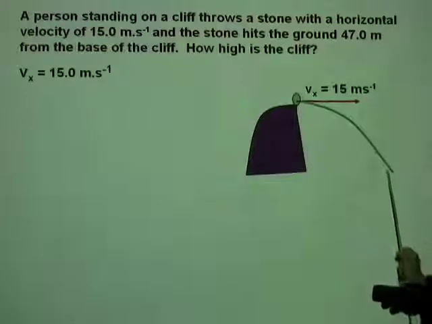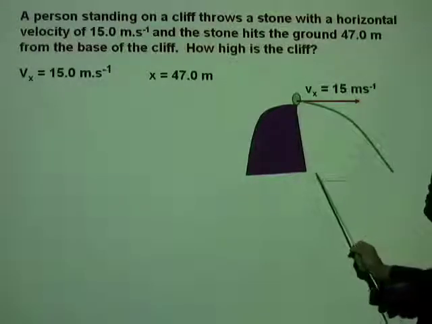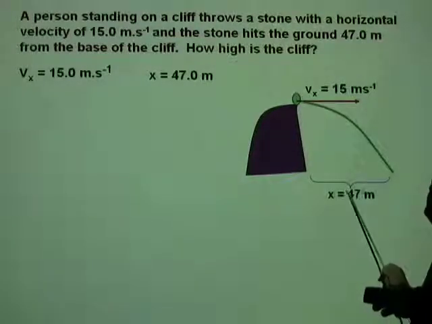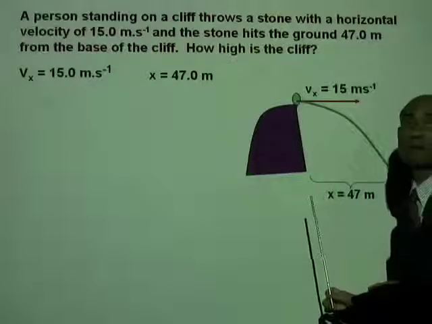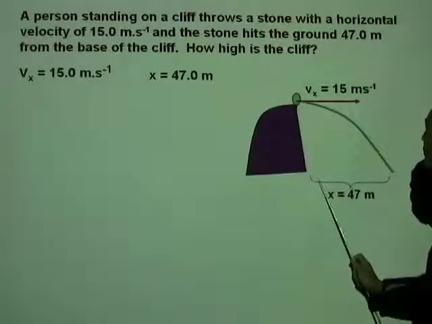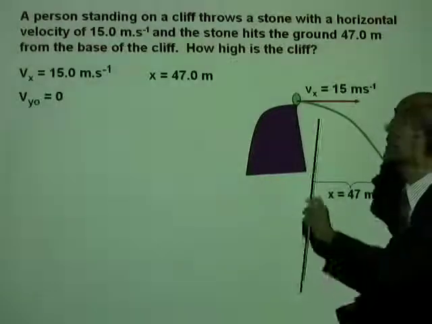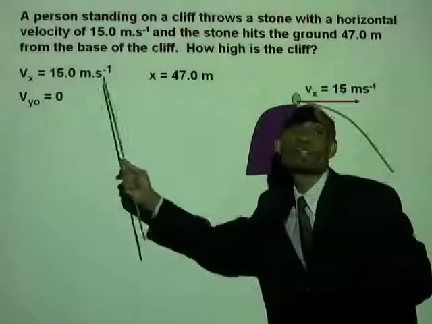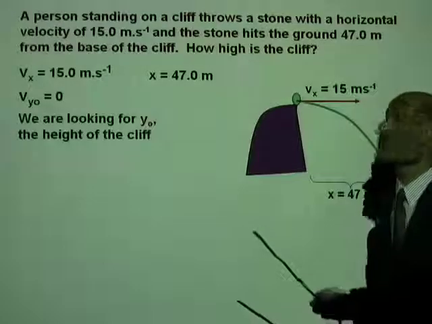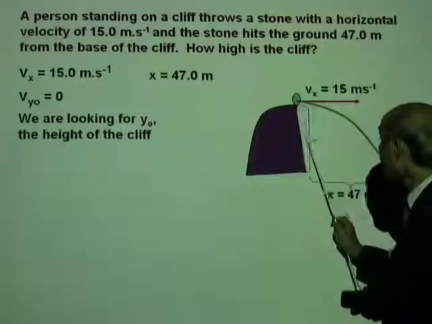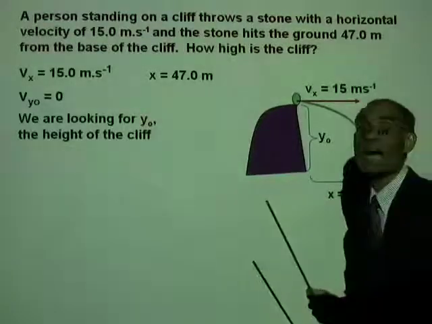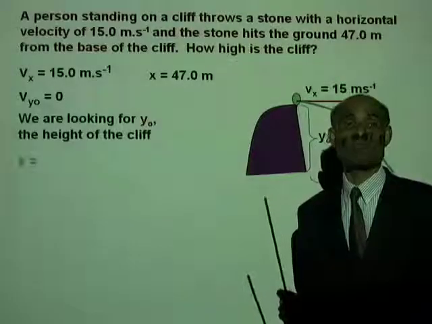And the stone fell at a distance x equal to 47 meters. That means x equal to Vx multiplied by time. And you know the initial vertical velocity is 0. We are looking for y0, the height of the cliff.